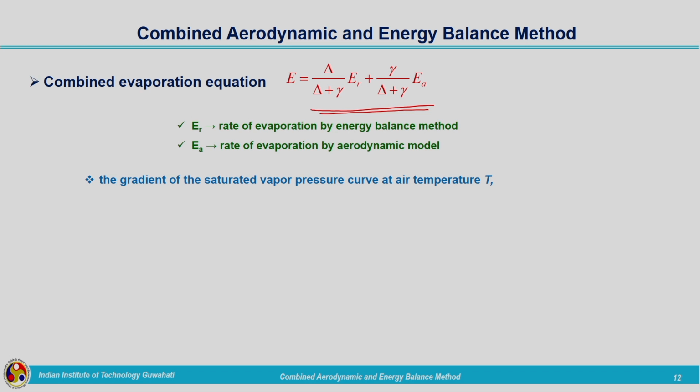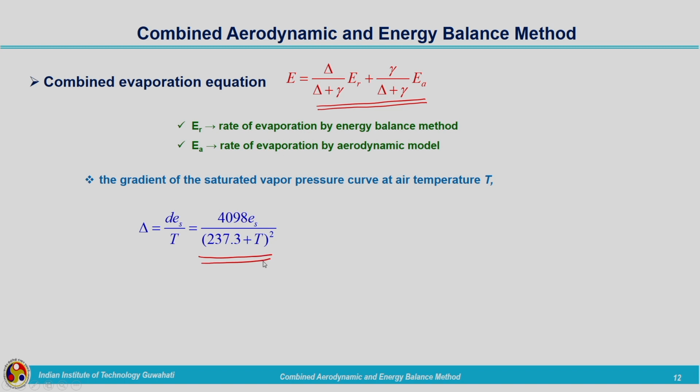Now, we have discussed a term, the gradient delta, when we were discussing the saturation vapor pressure curve. The gradient of the saturated vapor pressure curve is given by delta, which is DES by DT. So it is given by 4098 ES divided by (237.3 plus T) whole square.